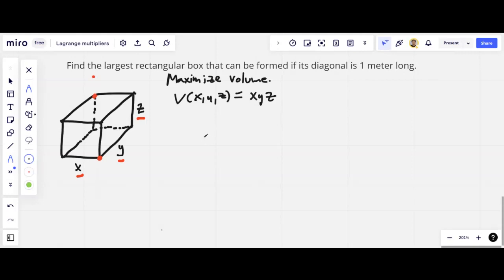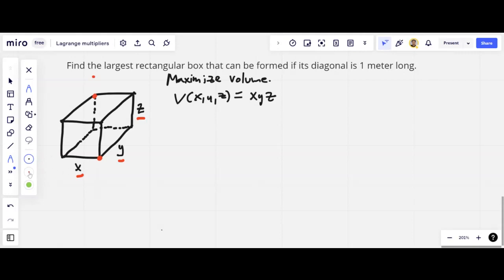The next thing we have to do is to define the constraint function or the condition function, which comes from the particular condition given to us. In this case, namely the diagonal is 1 meter long.